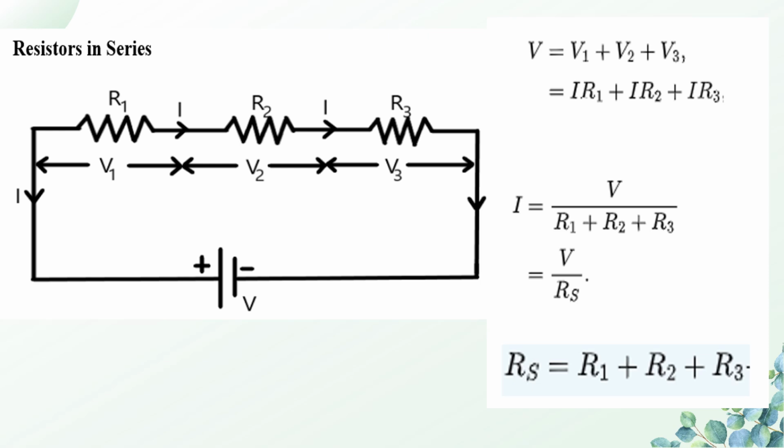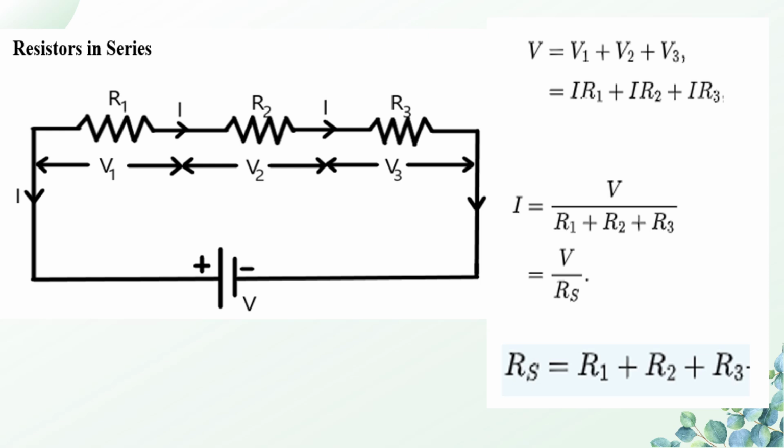Note that the current through the series resistance is the same, and is represented commonly as I. According to Kirchhoff's voltage law, the supply voltage V is equal to the drop voltages V1 plus V2 plus V3. We know that V is equal to IR from Ohm's law, so V1 is replaced by IR1, V2 by IR2 and V3 by IR3.